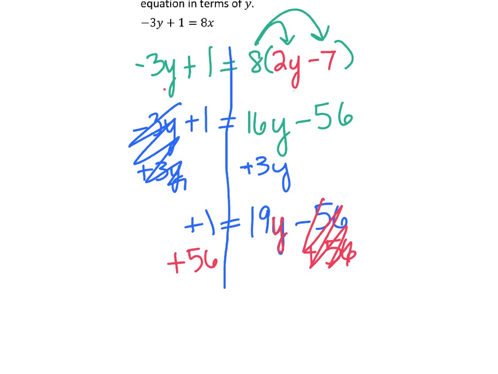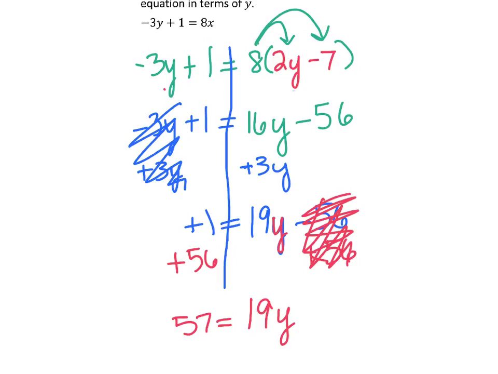This is going to cancel out. We can carry this math out now. 1 plus 56 is 57 equals. On this side, this whole thing canceled out. So we're left with just that 19 times y. So 19y. All right.